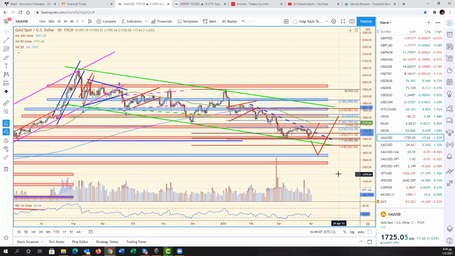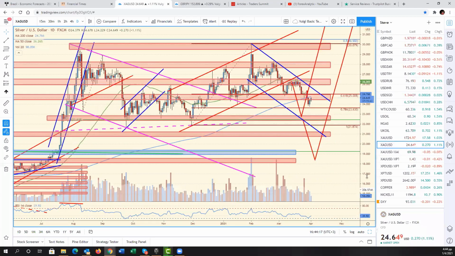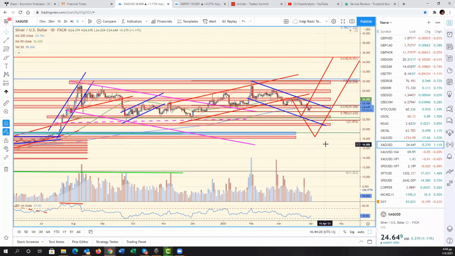That's my gut. For the time being, pay attention to the descending trend line resistance, though, which we're testing as we speak. Because if we break above it, that's going to be a nice bullish development, at least in the short term.